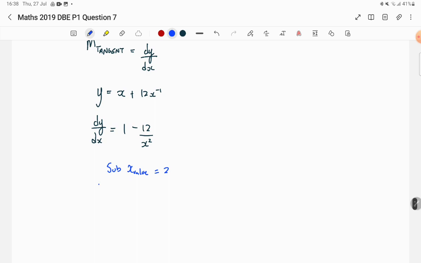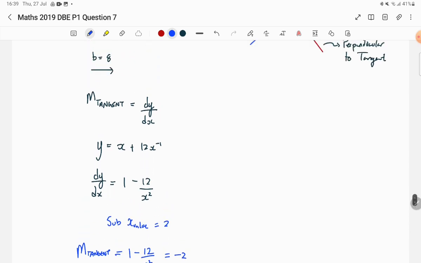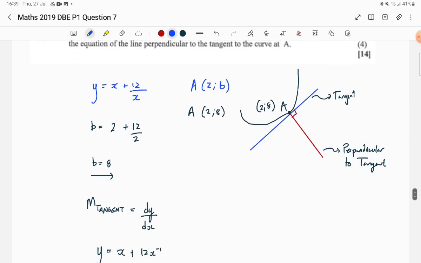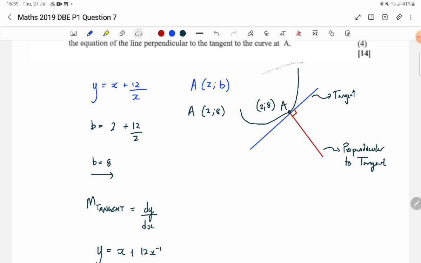So m of the tangent equals 1 minus 12 over 2 squared, which is -2. Ideally, our diagram is an incorrect representation. It should have been on the other side, since we have a decreasing function, a negative gradient. Nevertheless, we can change this graph around.